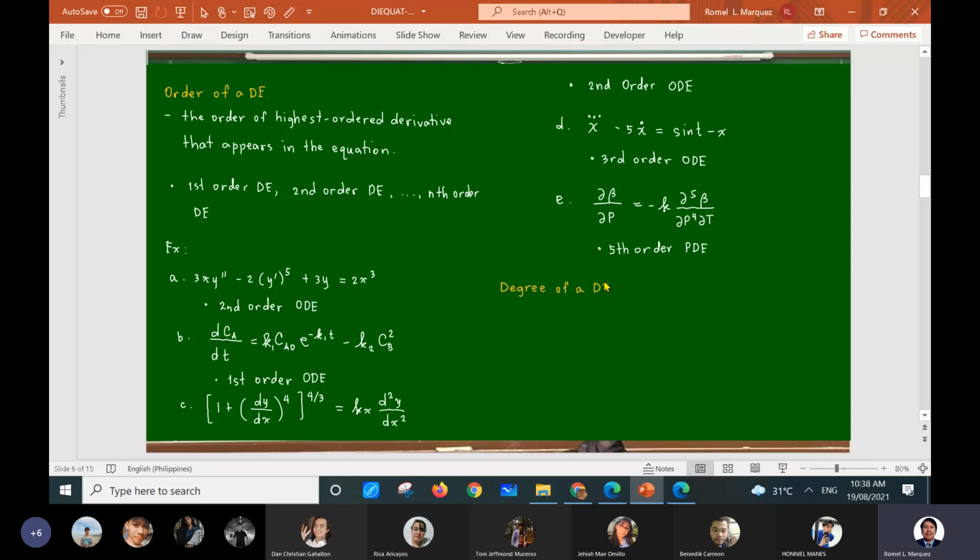Remember in your algebra, you could talk about first degree equation, second degree, third degree, or nth degree in general. So we can also talk of that here in DE. When you say degree, we refer to the exponent of the highest order derivative present in the equation.